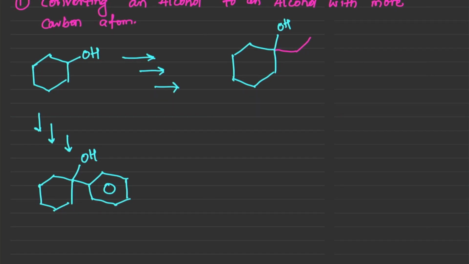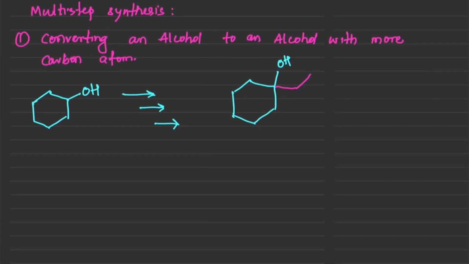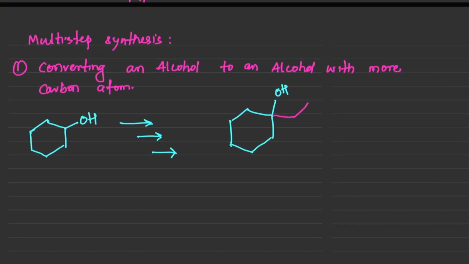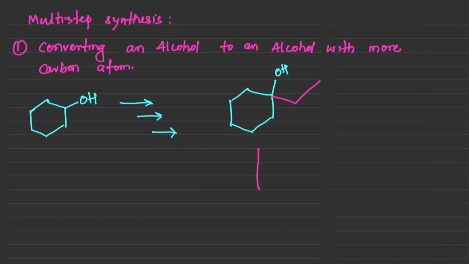This is another problem on the bottom here. Maybe I should move this problem a little bit away for now. So how can we make this? We can make this if we somehow make an aldehyde.